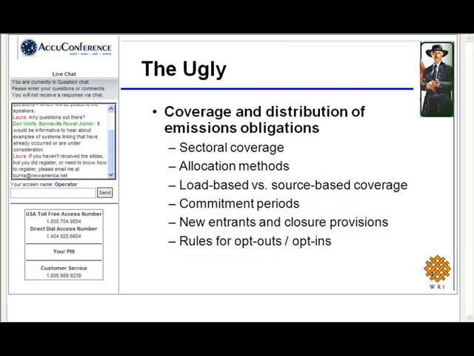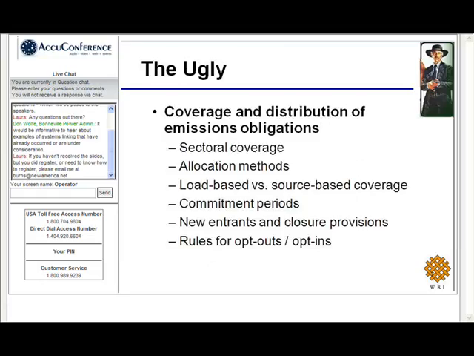There are no absolutes here, but generally provisions related to the coverage and distribution of emissions obligations can be different between systems and not materially affect the functioning of the systems or matter very much in terms of the core principles that I described earlier.